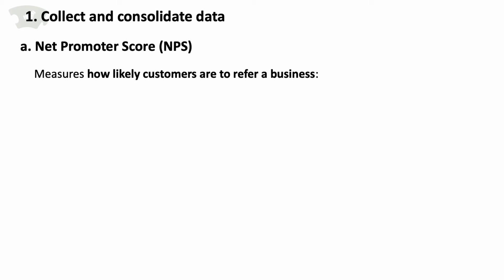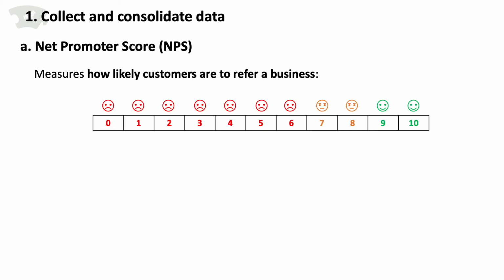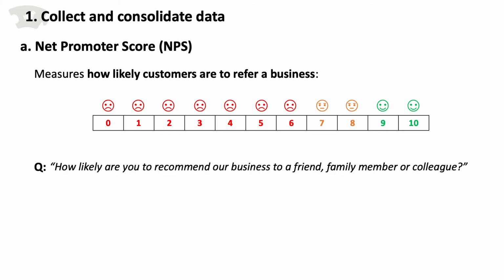Customers are asked to gauge their response, the probability of recommending the business, on a scale of 1 to 10. A sample question could be, how likely are you to recommend our business to others? The number of promoters, passives, and detractors are calculated using the respective responses.